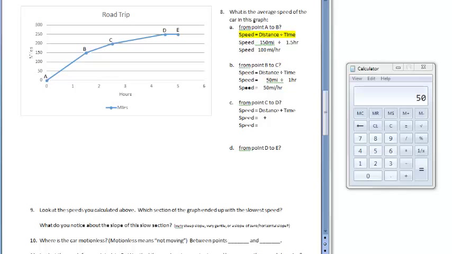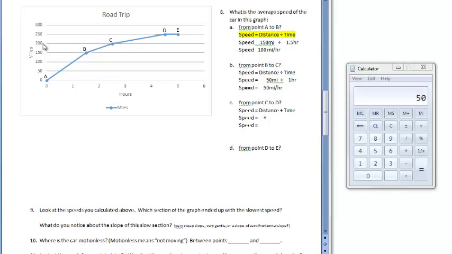Now we'll look at problem 8c. Make sure that you have at least tried this on your own before watching this segment of the video. You can pause it if you haven't done so yet. At point C, the distance is 200 meters. At point D, the distance is 250 meters.